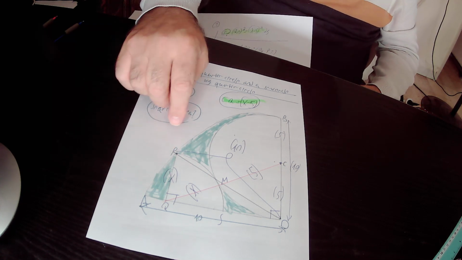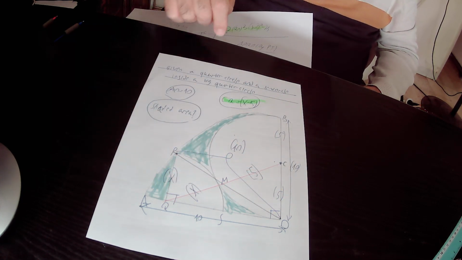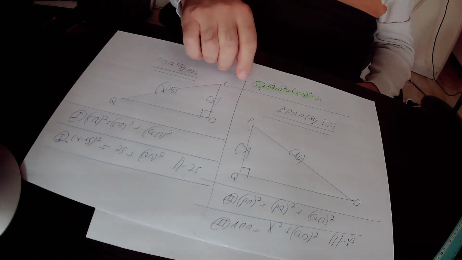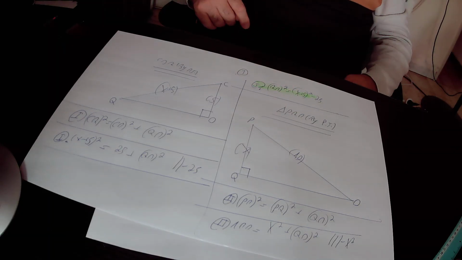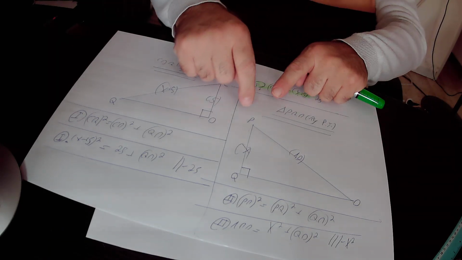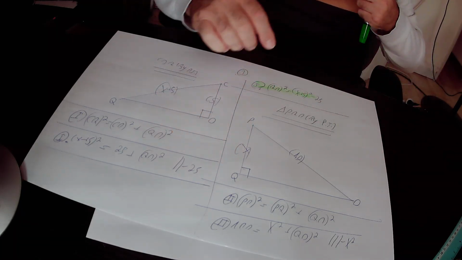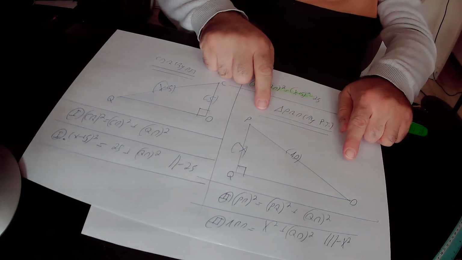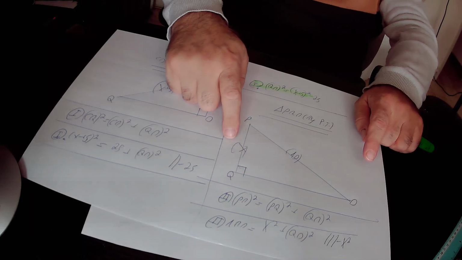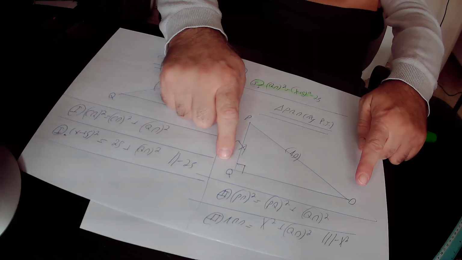So in the next step, we bring the right angle PQO onto a new page, and we implement the Pythagoras theorem on this right angle PQO. In this right angle PQO, PO squared, the square of the hypotenuse, equals PQ squared plus QO squared. PO is 10, therefore PO squared is 10 squared, that is 100, and this equals PQ squared. PQ is x, therefore PQ squared is x squared, plus QO squared.